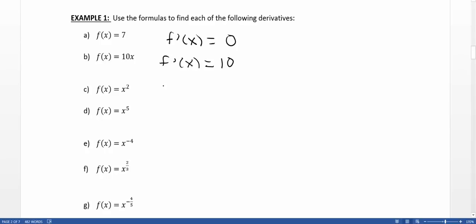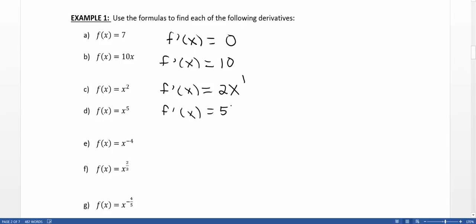Part C, I have x squared. So the rule for polynomials and power functions is that the 2 will come down and I will subtract 1 from the power. So I get 2x to the 1. Part D, I'm going to use the same rule, only now I have a power of 5.